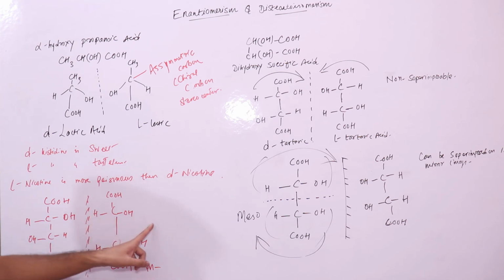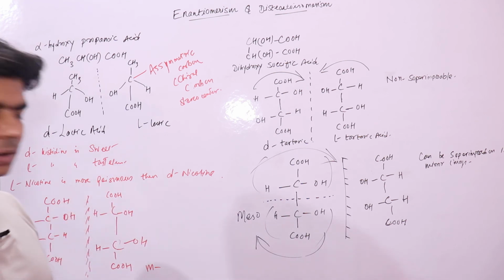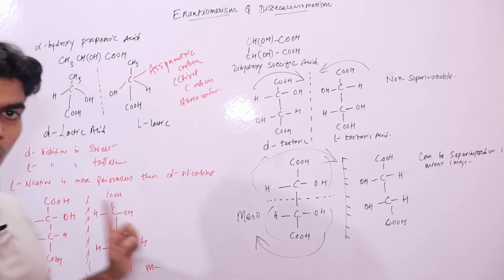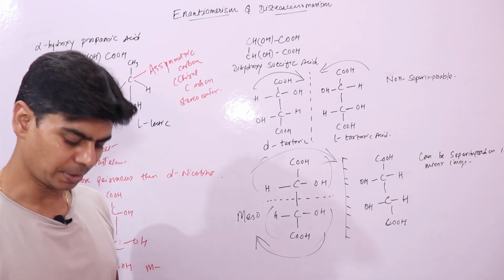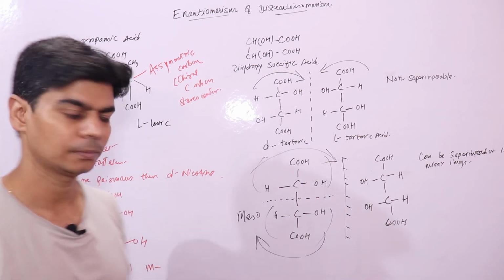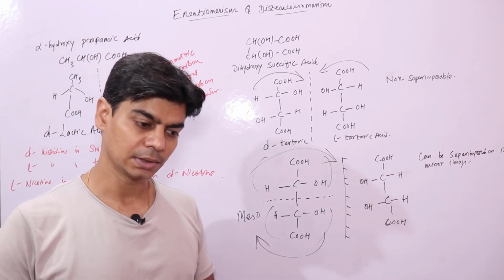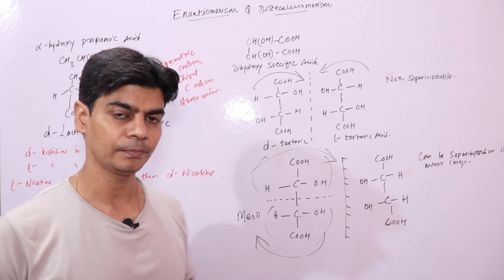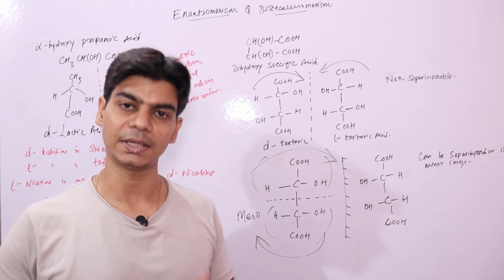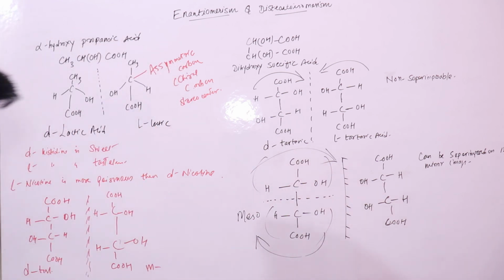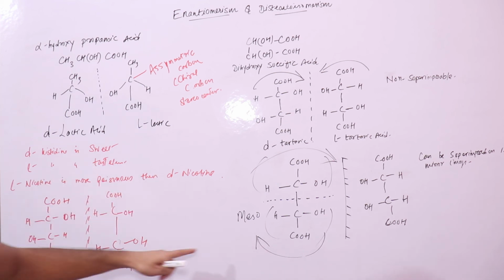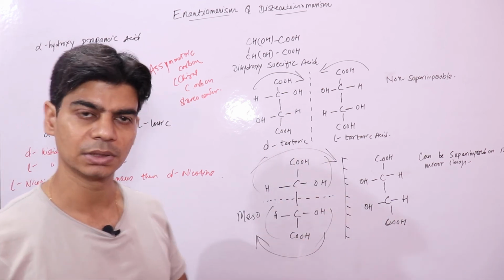These two are optical isomers, but are not mirror images of one another. Such optical isomers that are not mirror images of one another, as in tartaric acid, are diastereomers. Very important: just understand the difference between enantiomers and diastereomers.